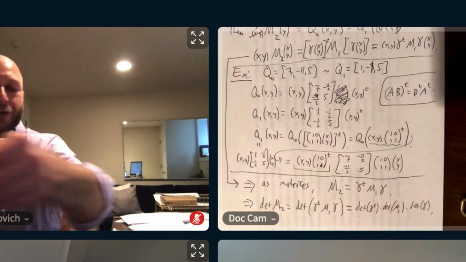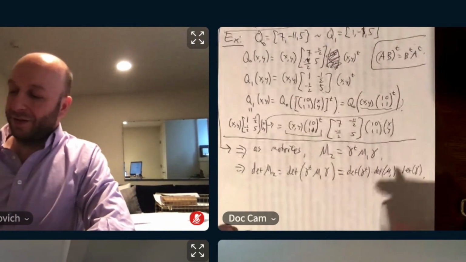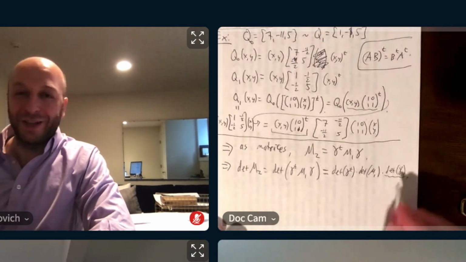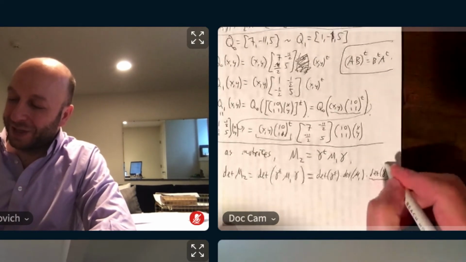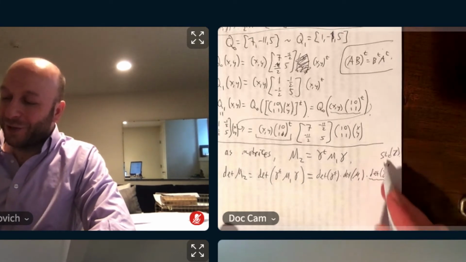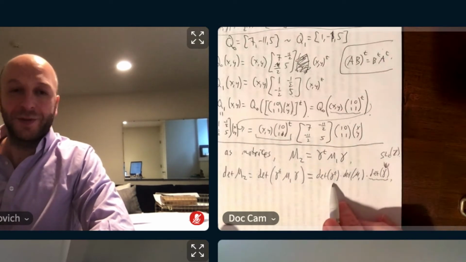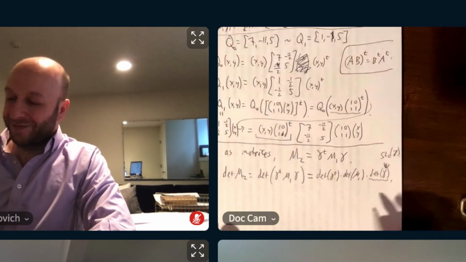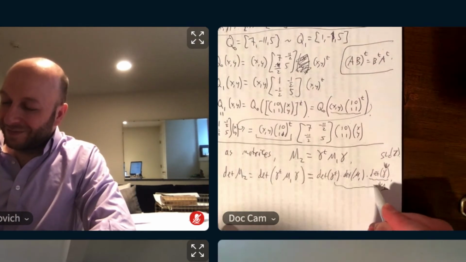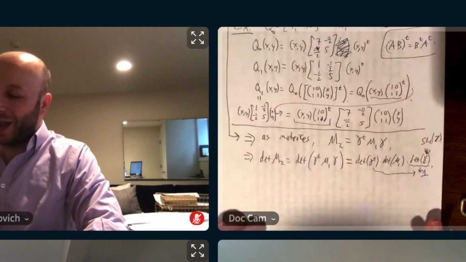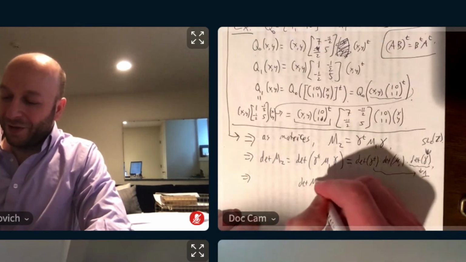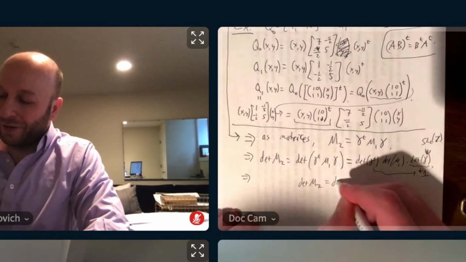But what was the determinant of gamma? Gamma was in SL2Z, and these are all things of determinant 1. How about gamma transpose? Same. So the two matrices have the same determinant: the determinant of M2 is equal to the determinant of M1.